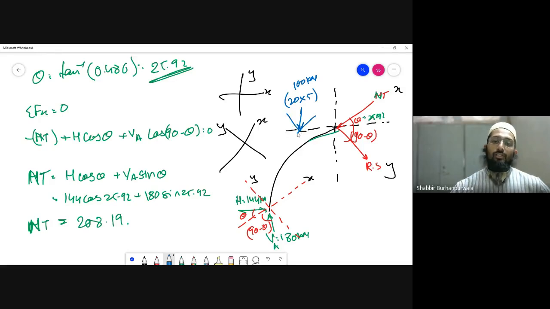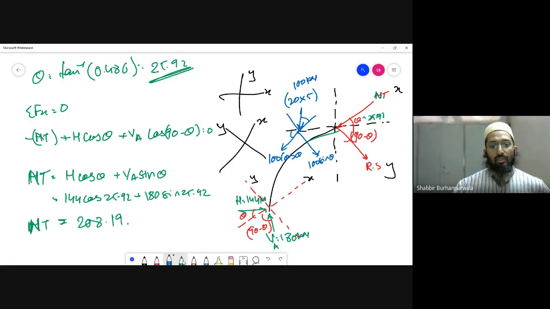If we resolve this into the x and y directions, we are going to have one component over here and one component over here. Its horizontal component is going to be 100 cos theta, and the component in the y direction is going to be 100 sine theta.